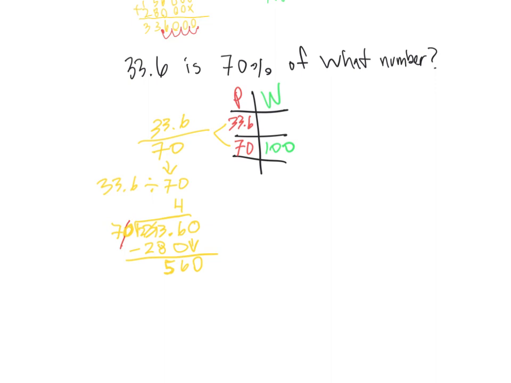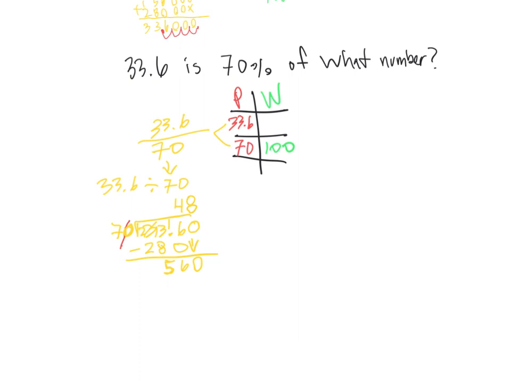And then we see how many times does 70 go into 560, or rather, how many times does 7 go into 56? Because we have zeros now, so we have the power of 0 at our disposal. So we know that 7 times 8 is 56, or 5, 6, 7, 8. That's how I remember it. And you can go ahead and put in the 8 here.